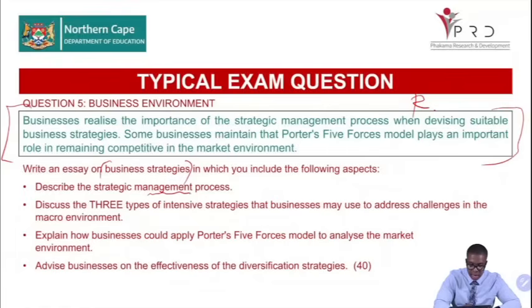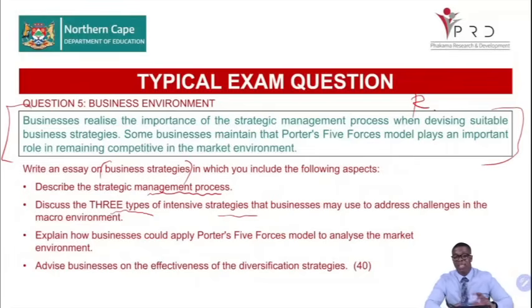You describe the management process, thereafter discuss the 3 types of intensive strategies that the business may use to address challenges in the macro environment, because business strategy is there to make sure that the business will survive in the macro market environment, because the market and the macro environment are the environments that determine the success of the business.